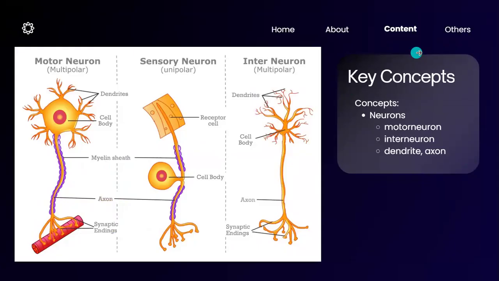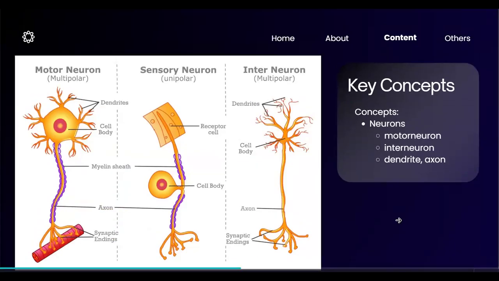So now we were talking about interneurons, we were talking about motor neurons, but if you don't have a neuroscience background, here's a little bit of review for that. So motor neurons relate to muscle. So these are neurons that are going to be connected to muscle. And some basic neuron terminology is you're going to have your cell body, and then you're going to have your dendrites here going down to your axon, and then your synaptic endings.